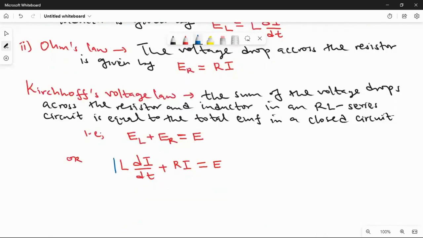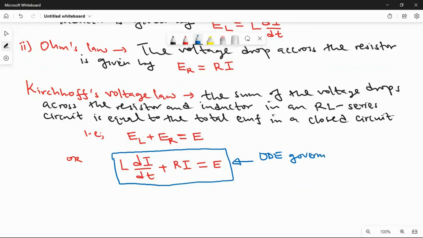Now this is an ODE that governs the flow of current in the circuit. So you can comment on it and write that this is the ODE governing the flow of current in the RL series circuit.